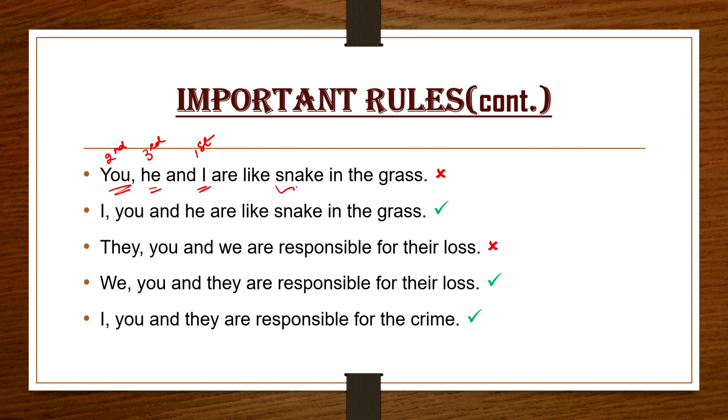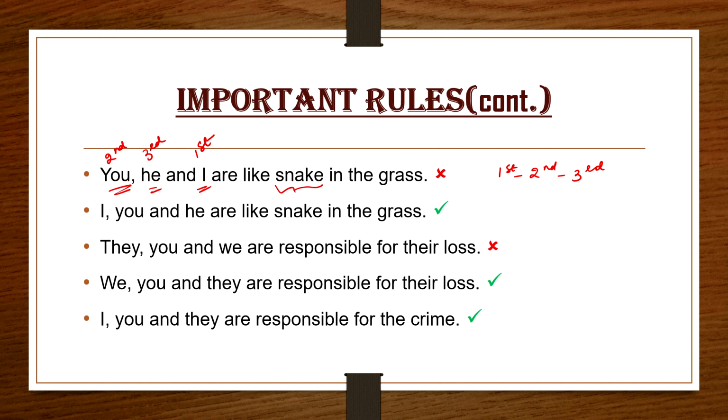Hence, the correct order will be first person, second person and then your third person. So, the correct answer will be I, you and he are like snake in the grass.